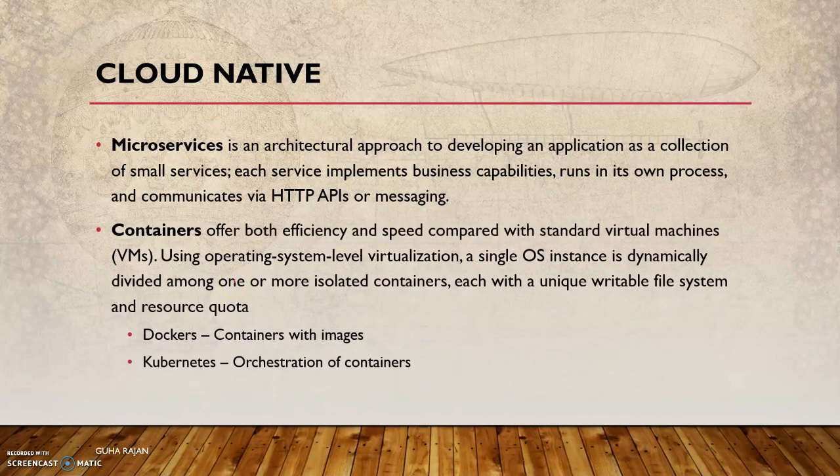The microservices are all images, and the images have a container, and that's what you call Docker. The point here is that images with containers are Docker, and orchestration of containers is Kubernetes. Containers offer both efficiency and speed compared to a standard virtual machine.